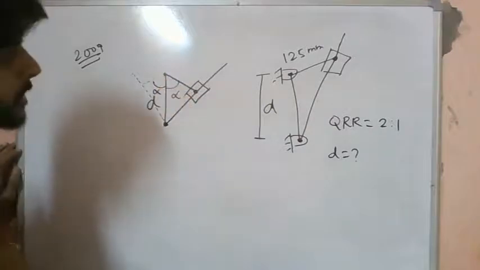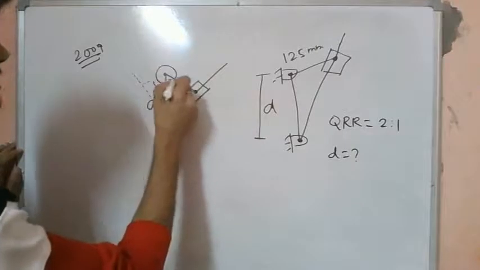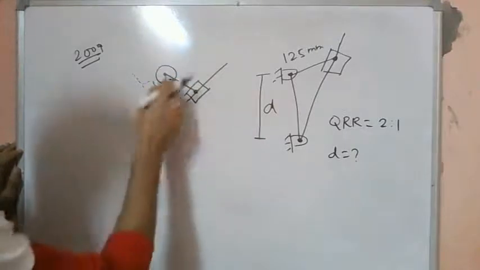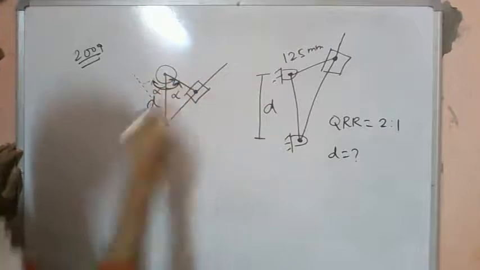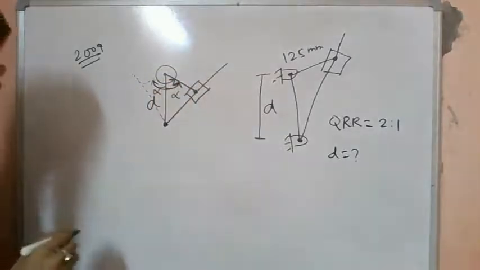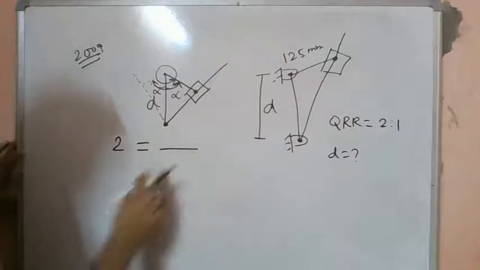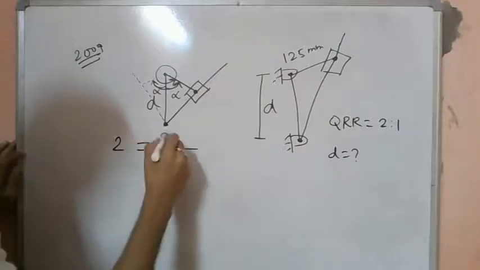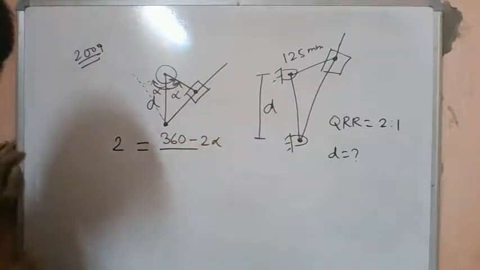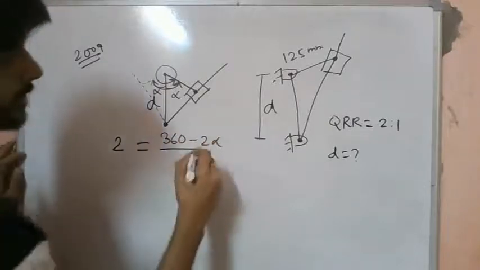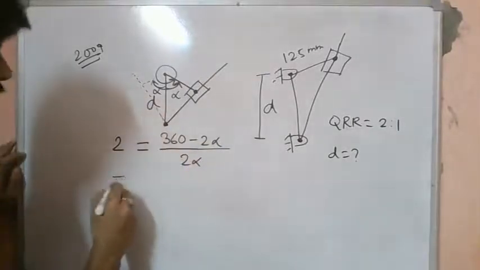The total angle is 360 degrees. So the return stroke is 2 alpha, and the forward stroke is 360 minus 2 alpha. The quick return ratio is 2. Fine, so we find out what alpha is.